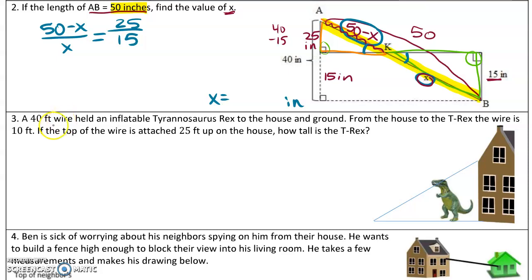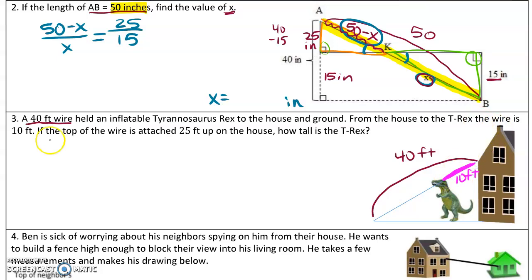It says a 40-foot wire held an inflatable T-Rex to the house and the ground. So the house and the ground, that is 40 feet. It says from the house to the T-Rex, the wire is 10 feet.